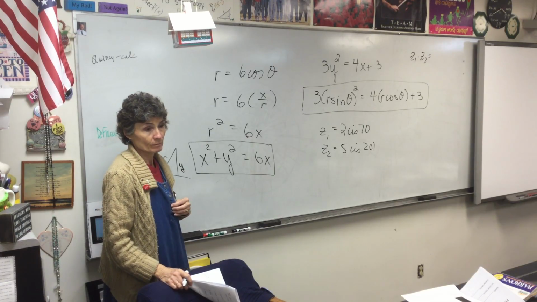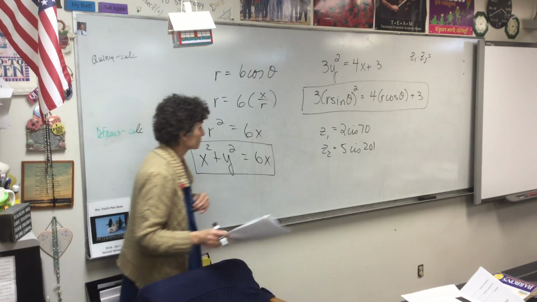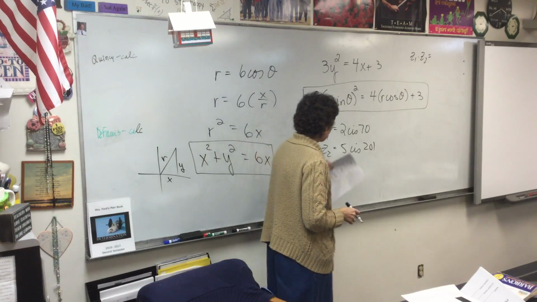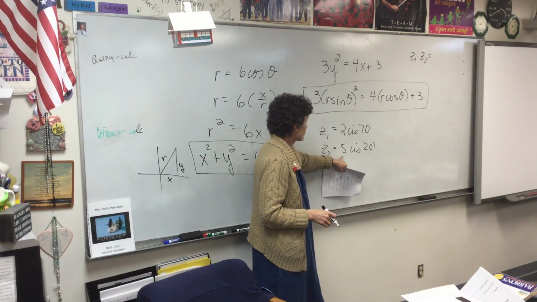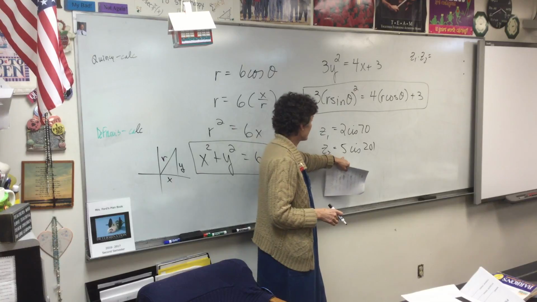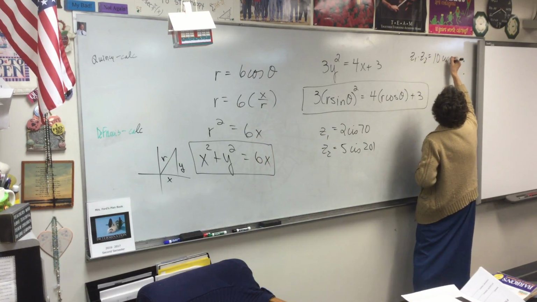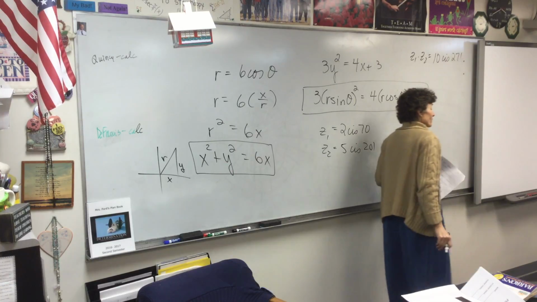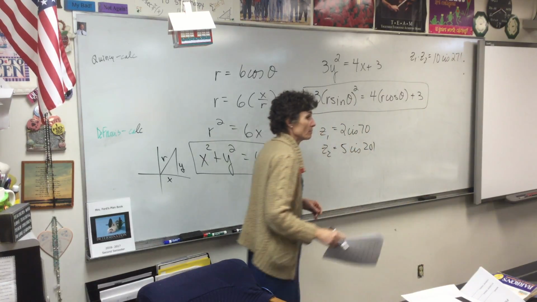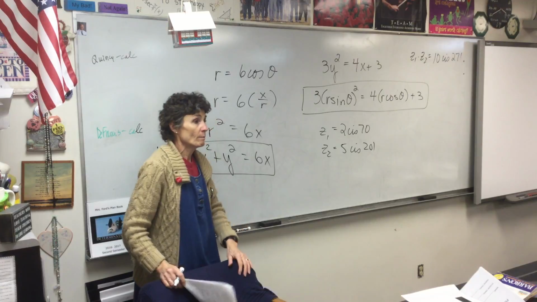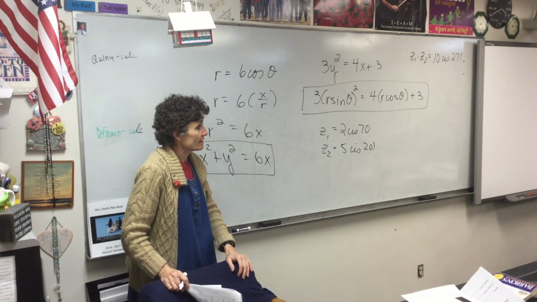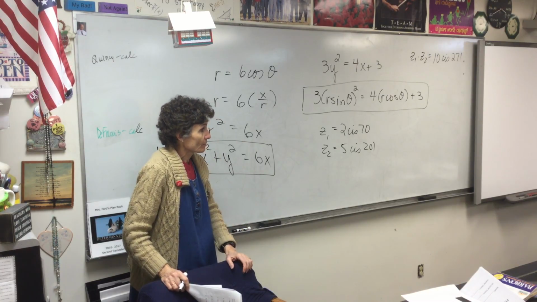Chandler? The r's, you multiply, the thetas get added. We multiply the r's, add the thetas. So that would give us 10 cis 271. And that's the answer. Everybody remember that? When we multiply numbers in polar form, we multiply the r's and add the angles.